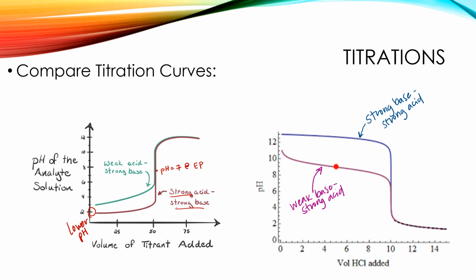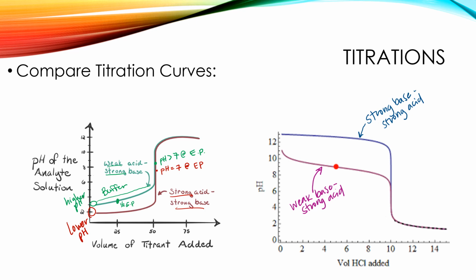Now for our weak acid, strong base, we start at a higher pH because it's a weak acid, and then we get this nice buffering region. We also have that special point of the half equivalence point where pH equals pKa. And then our pH is greater than 7 at the equivalence point because of that conjugate base being able to hydrolyze with water.